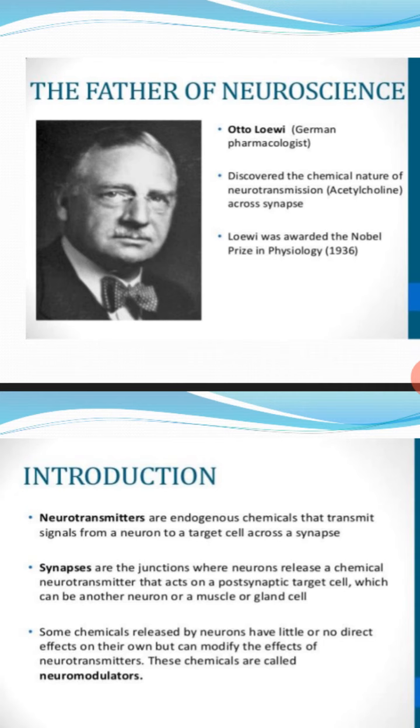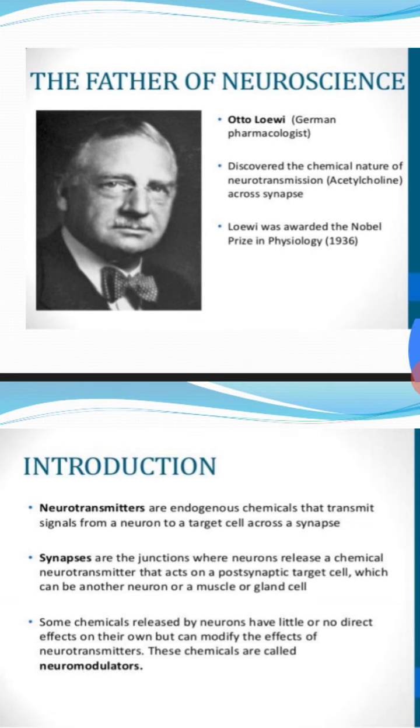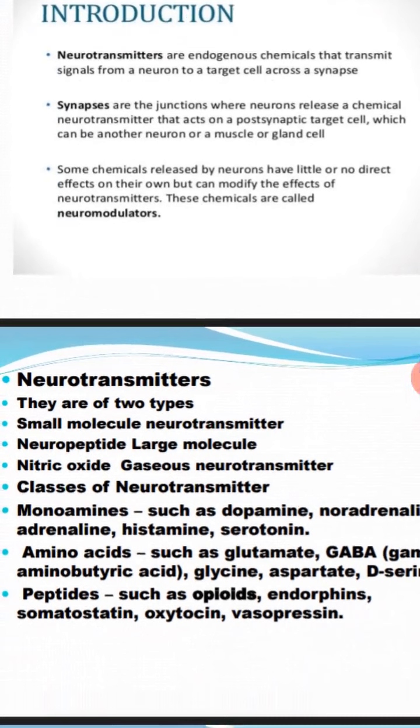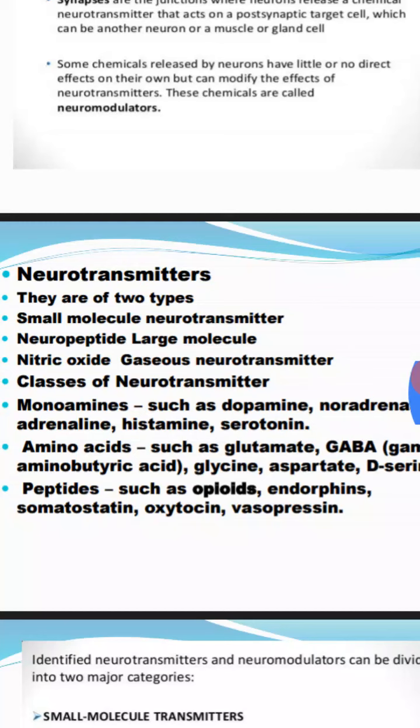Now, what are the types of neurotransmitters? They are of two types: small molecule neurotransmitters and large molecule neurotransmitters, which are called neuropeptides. Then there are gaseous neurotransmitters such as nitric oxide. Coming to the classes of neurotransmitters: first, monoamines, such as dopamine, noradrenaline, adrenaline, histamine, serotonin, which are all small molecules.